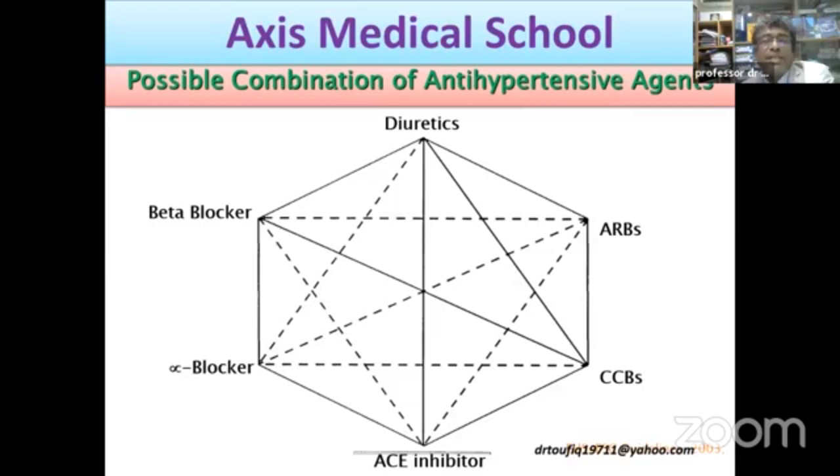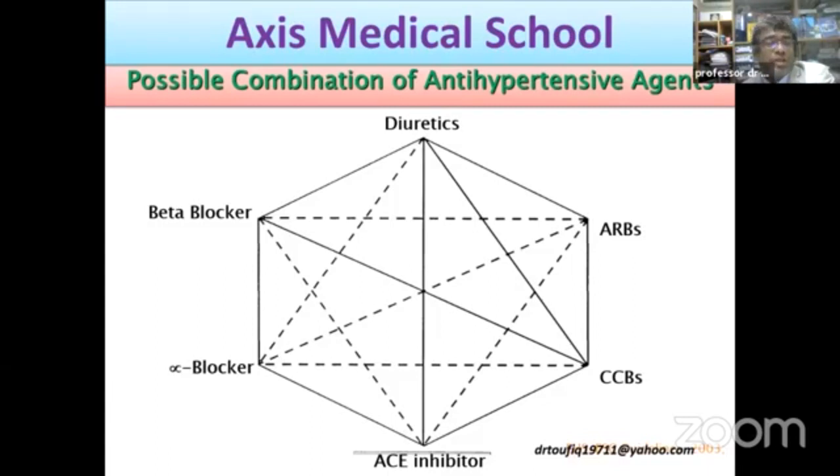So we have to avoid the same mechanism of action and choose different groups of drugs with different mechanisms. A combination may be made with diuretics and beta blockers, diuretics and ARB, diuretics and alpha blockers, or diuretics with ACE inhibitor or calcium channel blocker.